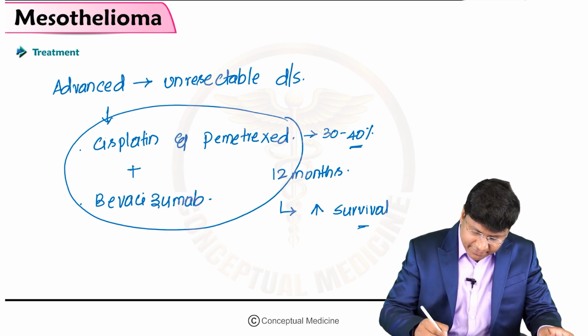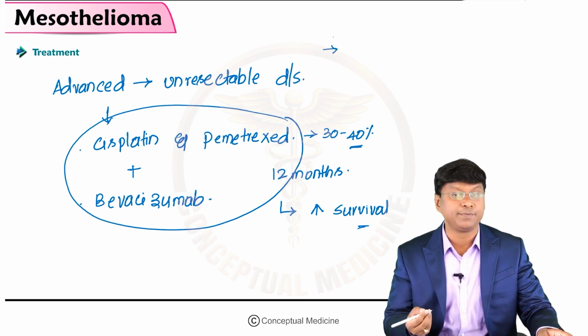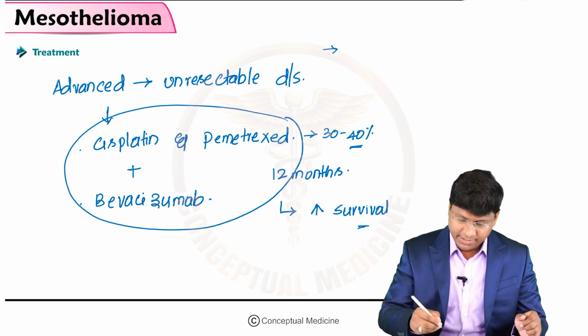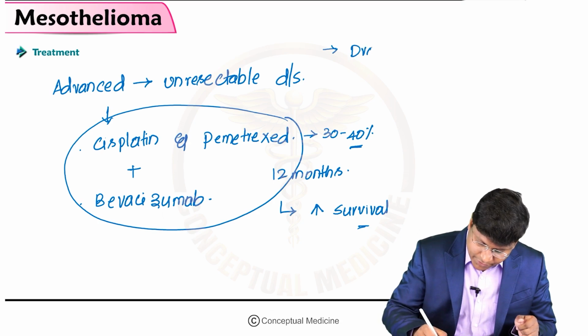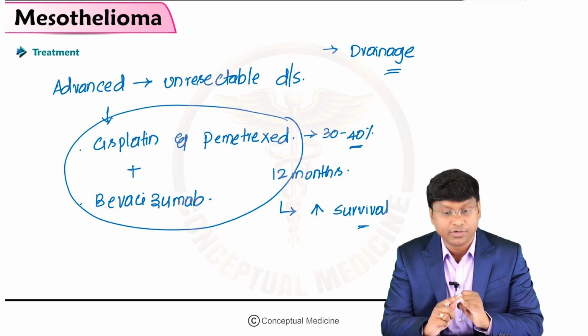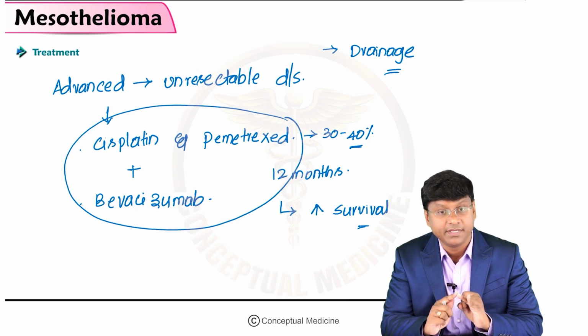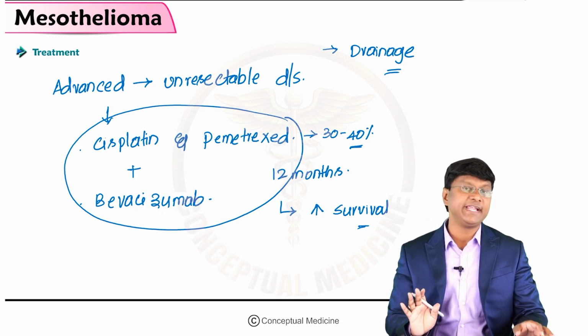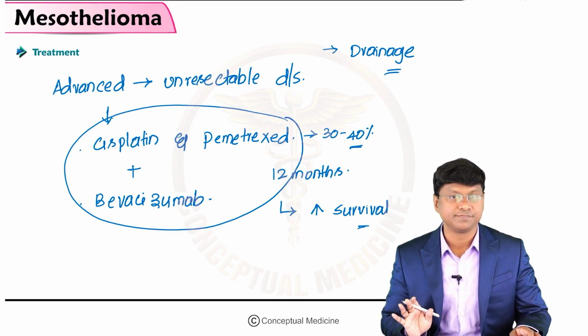Now, apart from that, if there is a pleural effusion, as I said, there can be a unilateral pleural effusion. So, if there is pleural effusion, you need to do thoracocentesis, that is, drainage of the pleural effusion. Radiation therapy and even surgical resection, all these may offer palliative benefits to some patients.